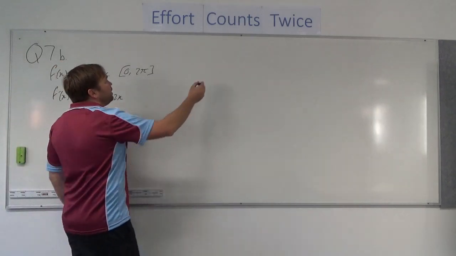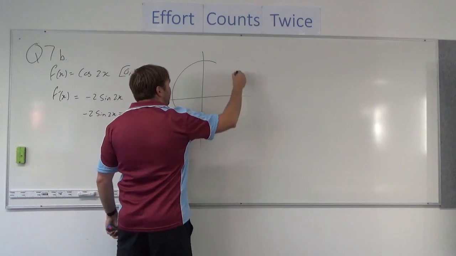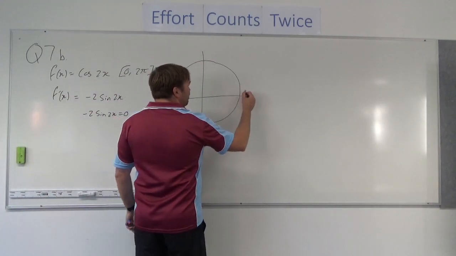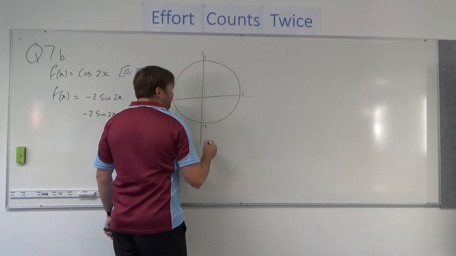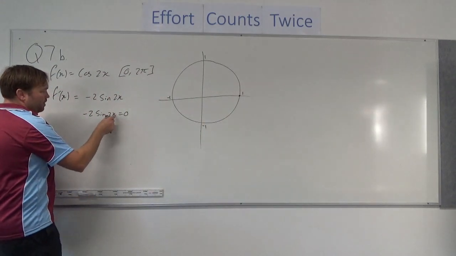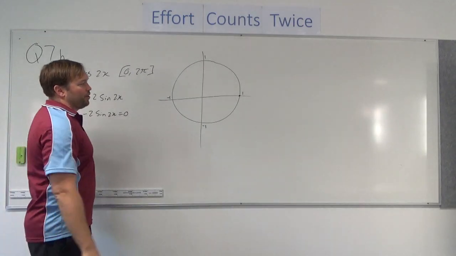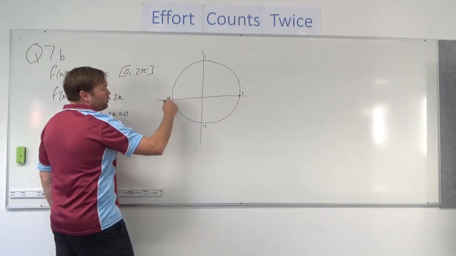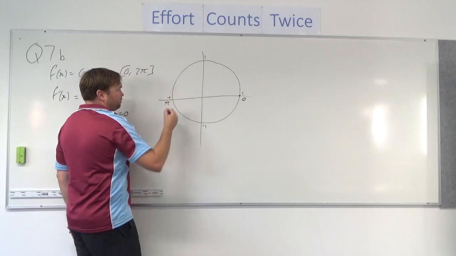At this point, in fact for this entire thing, you should have a unit circle on hand, or in your head, probably better than me, remembering that now we're looking really, 2 times what gives us 0. Sine is 0 here and here, which is 0 and pi.